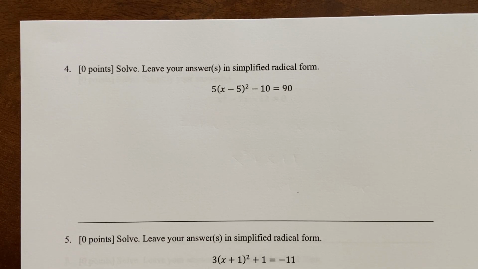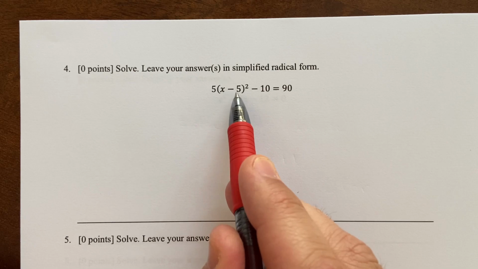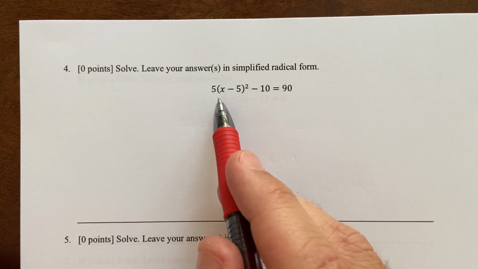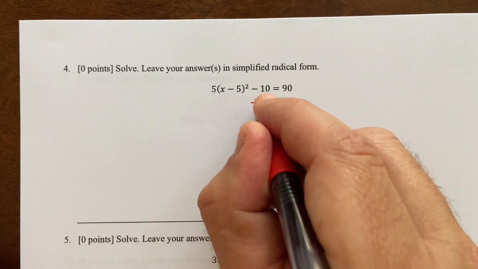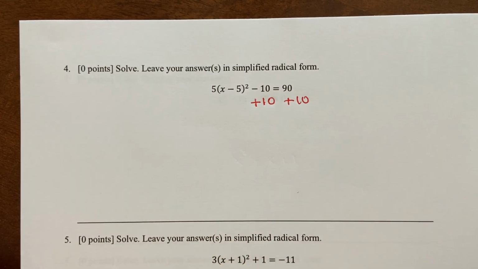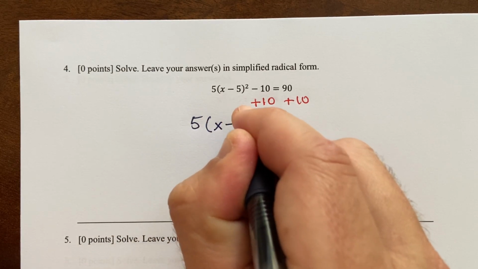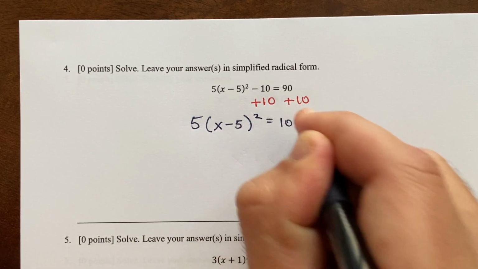So solve, it says leave your answer or answers in simplified radical form. So what I want to do on these types is isolate the thing that's being squared. That way I can apply a square root to undo that squared. So add 10, start there. We have 5 times x minus 5 squared equals 100 now.